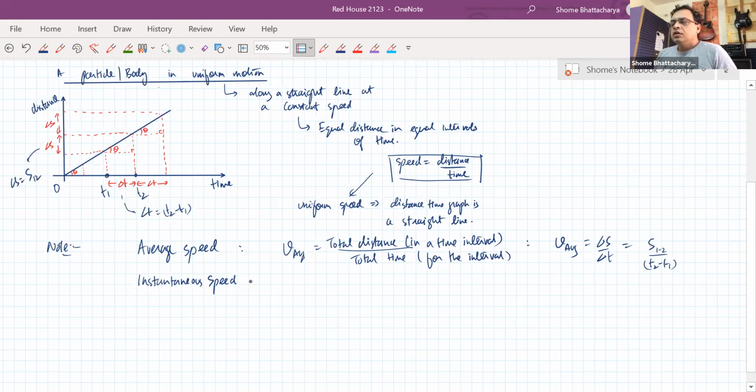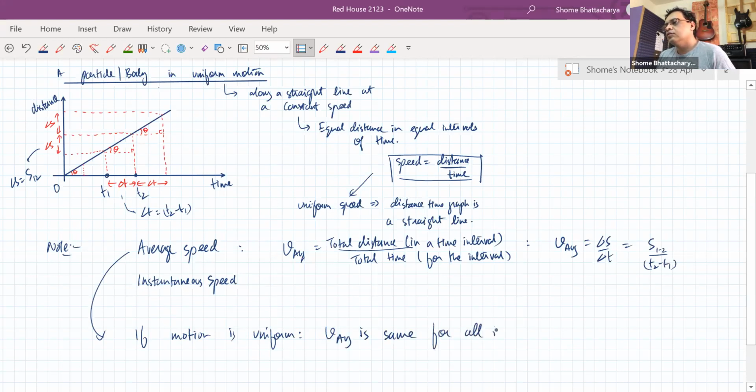Now, more interestingly, coming back to this linear graph, if the motion is uniform, then the interesting thing is that the average speed is the same for all intervals. Right? This statement is making sense that whatever interval of time we take, the average speed will be the same, because you can see that the slope is always the same for the straight line.